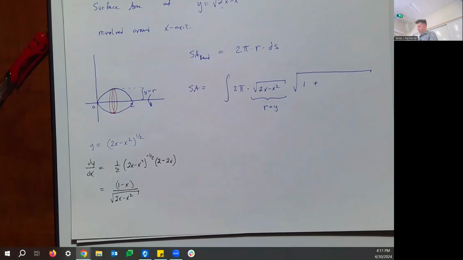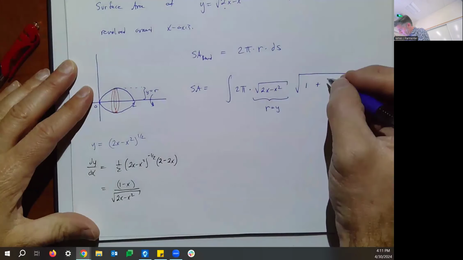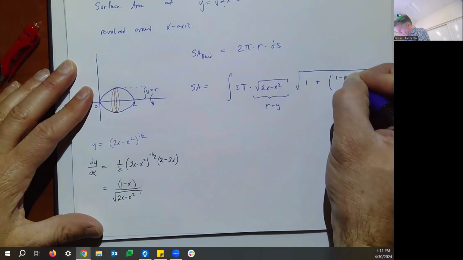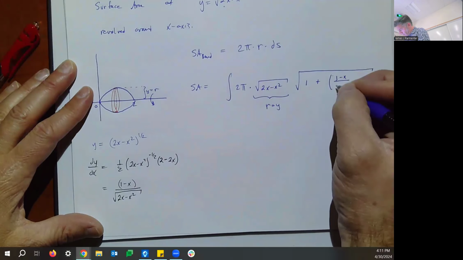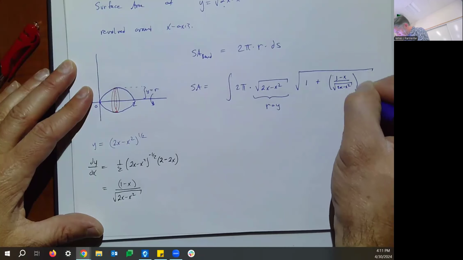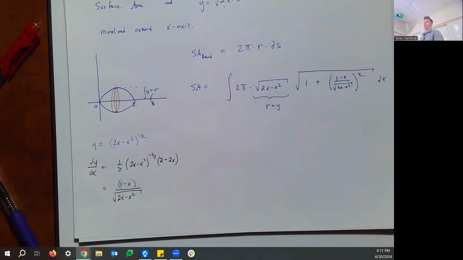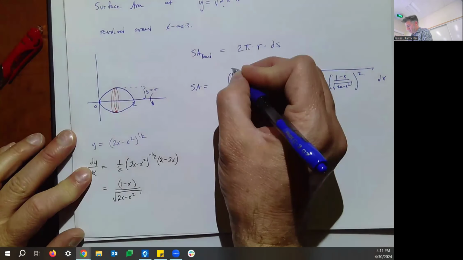And then we're going to square that. So we're going to get 1 minus x over the square root of 2x minus x squared, squared, which looks pretty terrible. But don't give up hope, because, oh, then we're going from x equals 0 to 2.